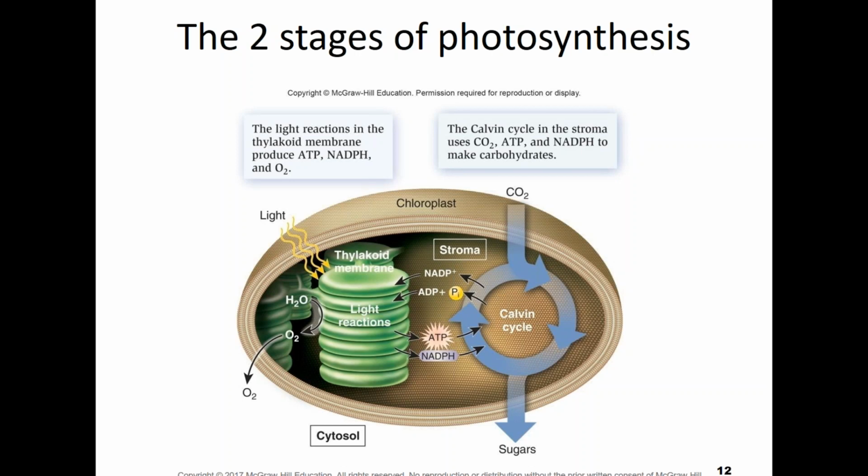And then that ATP and NADPH is used to fuel the Calvin cycle where carbon dioxides are attached together. It takes a lot of energy to do that, and they make sugars. Now in the light reactions, another thing happens, you notice over here, water or H2O gets split. Water is split during the light reactions and it gets converted to oxygen.